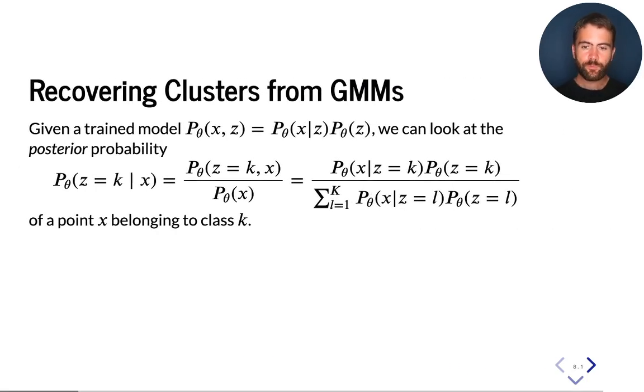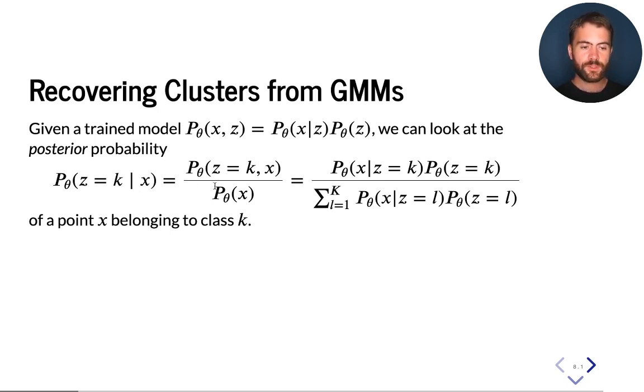In particular, the formula that we would use in order to recover the index of the best cluster from the model would be this expression. This is something that is called the posterior probability. It's the probability of the unobserved cluster z taking the value k given a point x. And we can compute this probability by simply applying Bayes' rule.